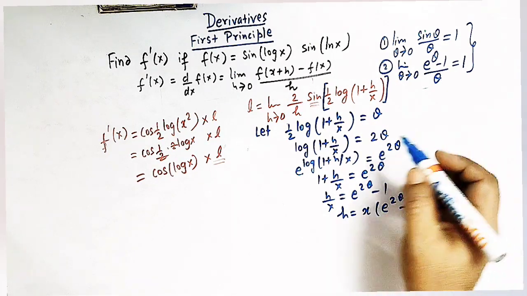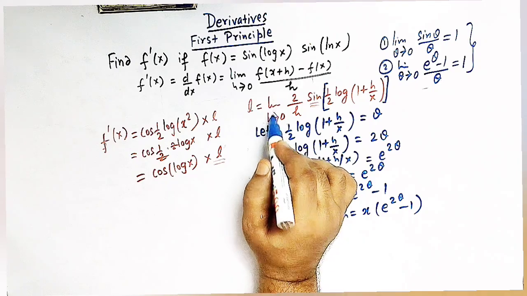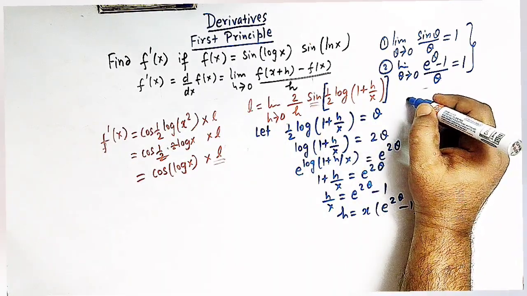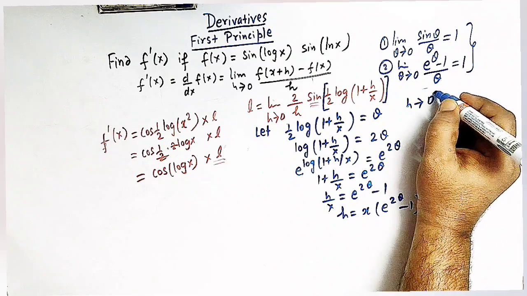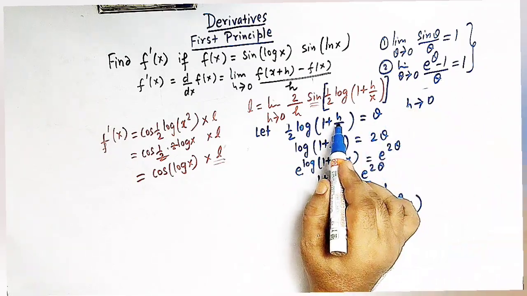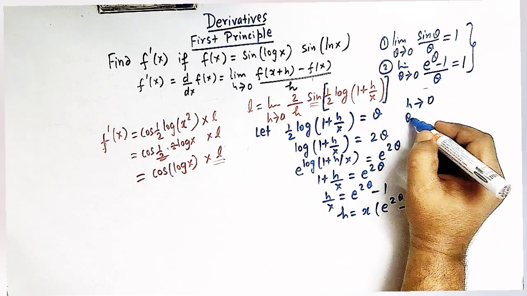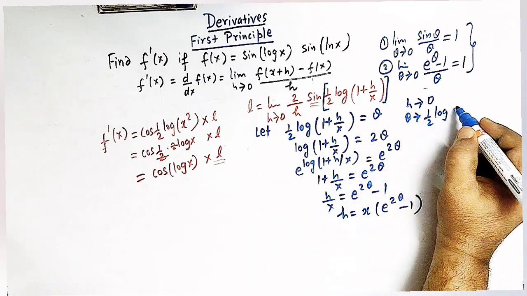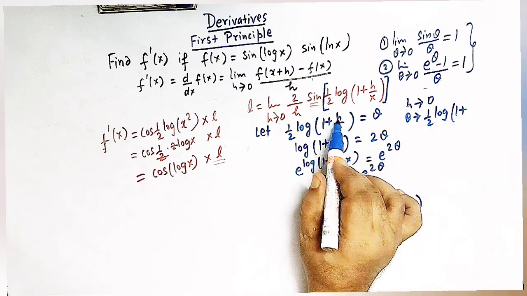So now let us take the limit h tends to 0. So here we are given that h is tending towards 0, right? So when h tends to 0, then theta tends to half log of 1 plus h over x.